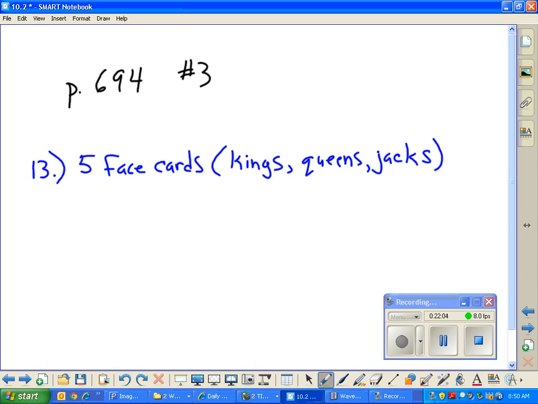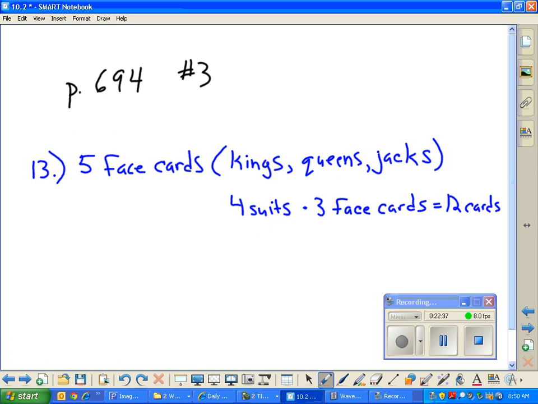Please keep in mind that there are 4 suits. The 4 suits are clubs, spades, hearts, and diamonds. So there's 4 total. And then in each of these 4 suits, we have 3 face cards. So if I want to find the total number of face cards, the total options that I have, I just take 4 times 3. That's a total of 12 cards that I want to fall in my 5-card hand.